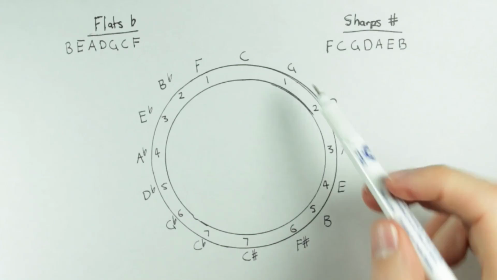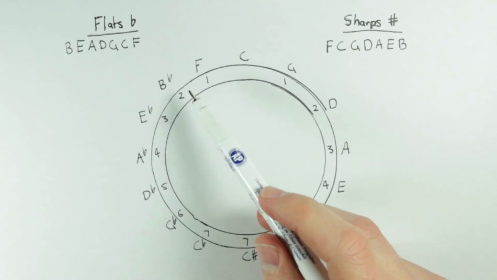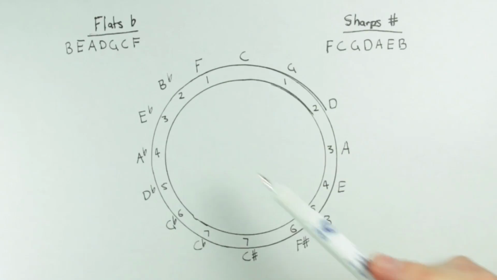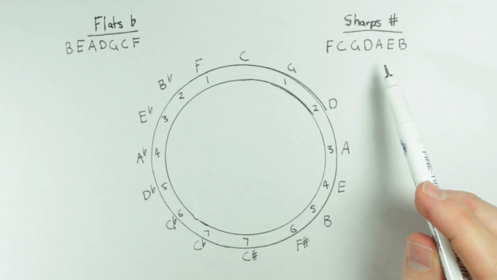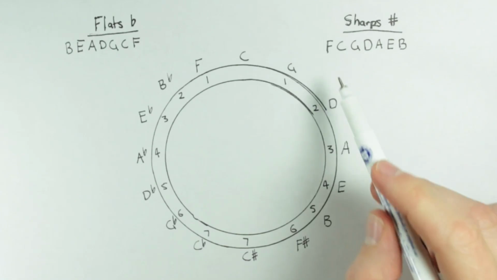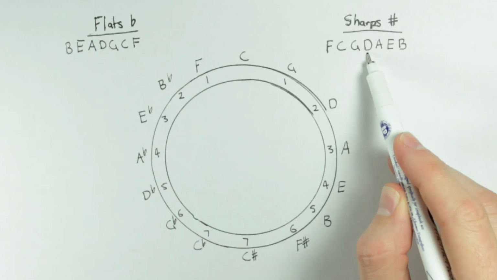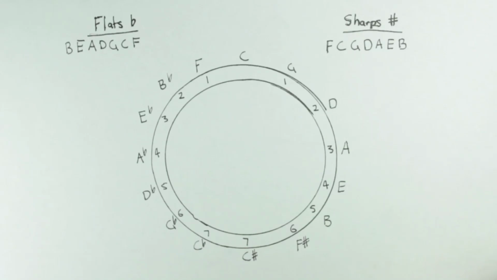Alright, so now we can tell how many sharps or flats each major chord has. So if we look at B major, for example, it has 5 sharps: F, C, G, D, A.